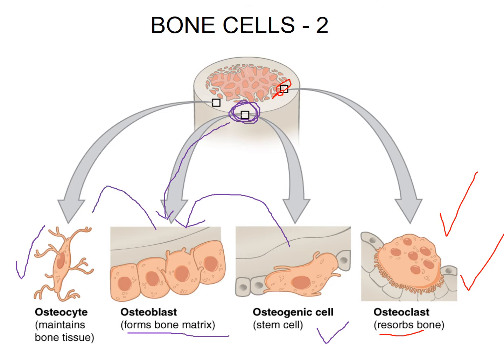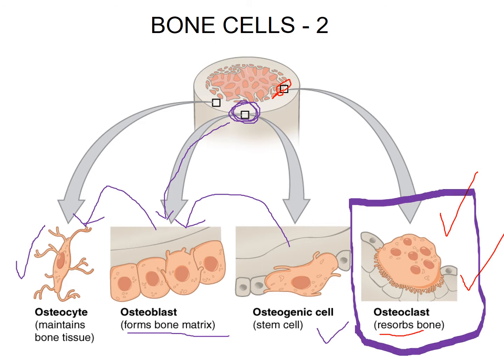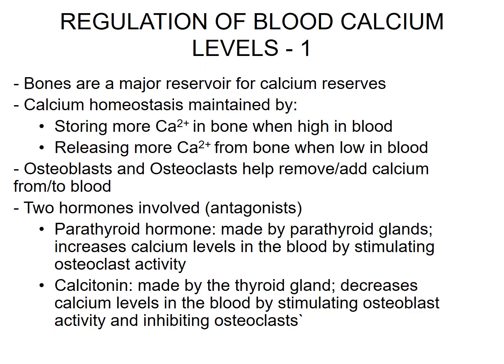So it kind of goes in that order. Now the osteoclasts are kind of left out of this equation. The osteoclasts are basically just macrophages. So they're actually coming from the bone marrow. They're coming more from like the immune system in itself, not so much the actual bone tissue, these osteogenic cells.